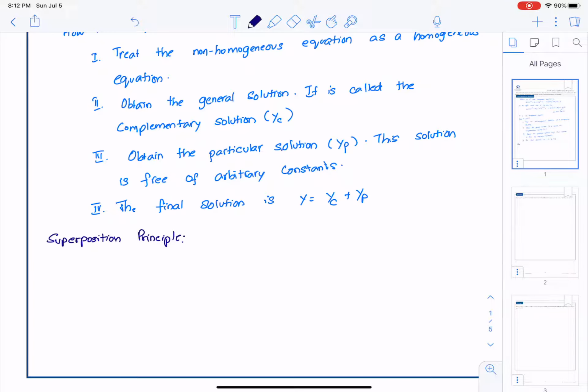If you recall, we had a superposition principle for the general solution, which simply states a linear combination of general solutions is also a solution to a DE.